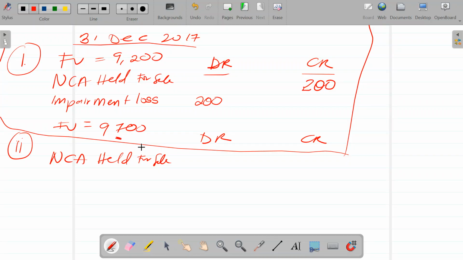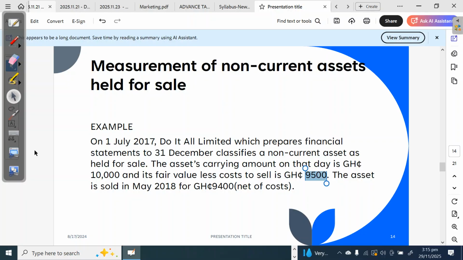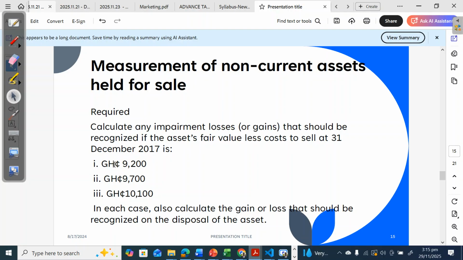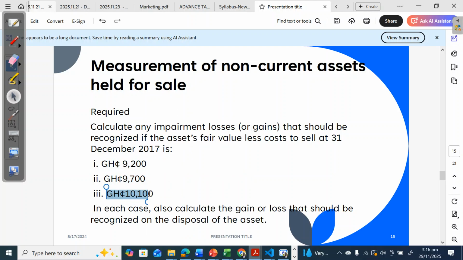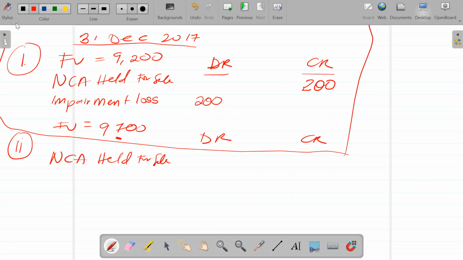The question has given us different scenarios, assuming the fair value is this, or that, how would the calculation be? That's what the question is trying to ask.